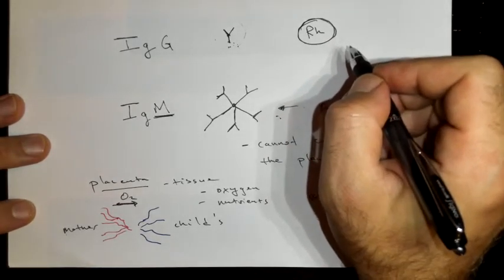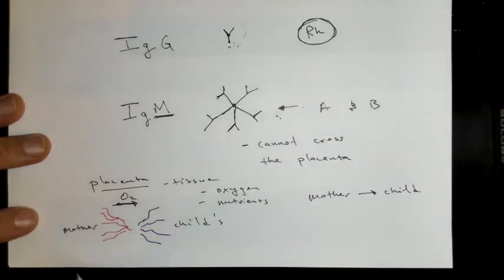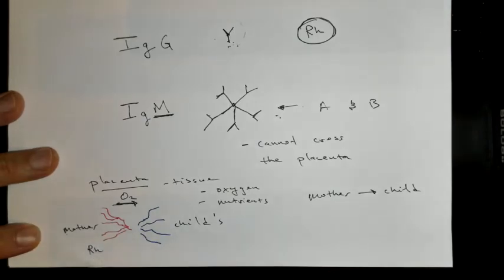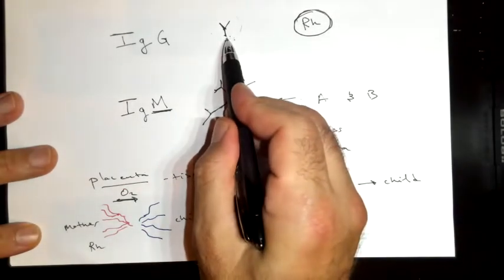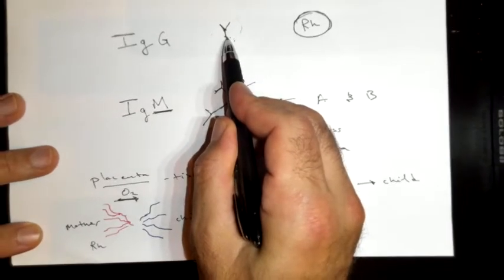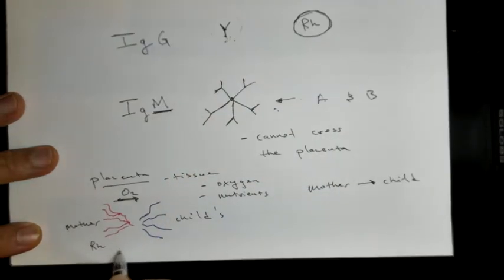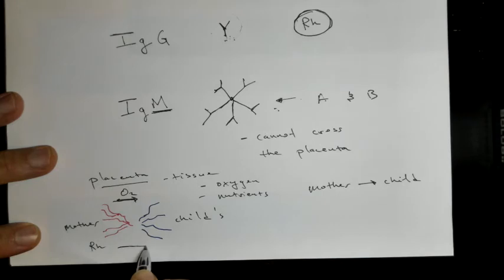But basically, if the mother has this Rh, then the Rh is small enough, because it's just that single antibody, Y shape. It is small enough to where it can cross over into the child's bloodstream.